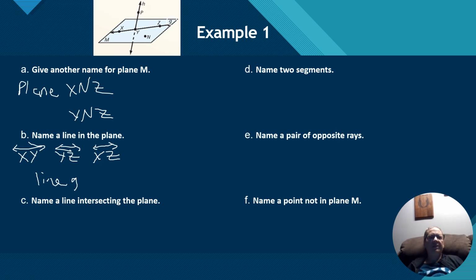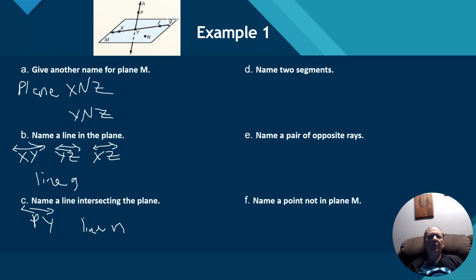All right, part C says name a line intersecting the plane. That means crossing through the plane. So that would be our vertical line. So there's only two ways of naming that because there's only 2 points on that line. So I can use the 2 points that are on the line, which are PY, the line above, to indicate that, or I can use its letter, which is N. So it would be line N. All right, D says to name 2 segments.